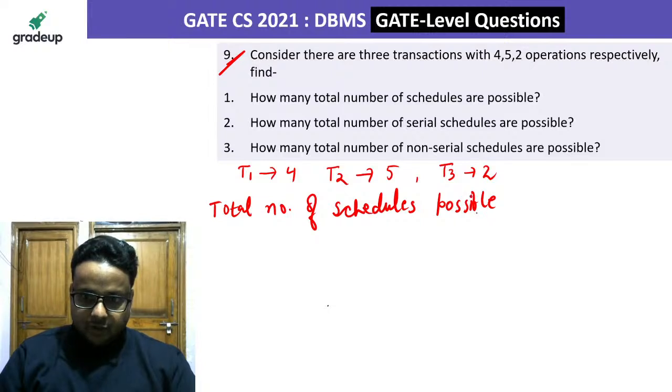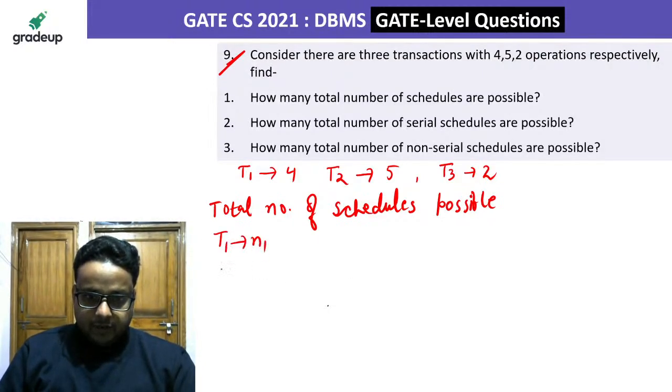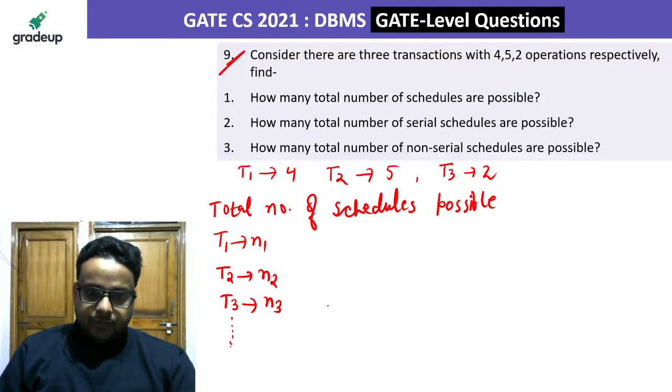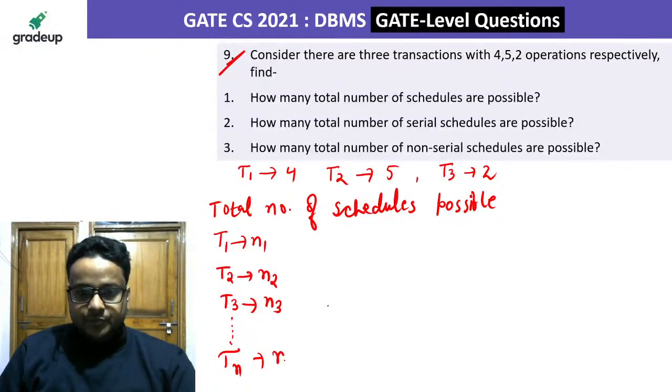Let's say T1 is having N1 operations, T2 is having N2 operations, T3 is having N3, and so on. Suppose I have N transactions and transaction k contains Nk operations.